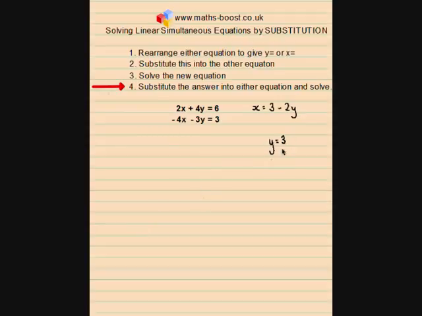So I can substitute this y equals 3 into either of the equations. I'm going to choose the first one. You get the same answer if you substitute it into the second. Now here I have another linear equation that I need to solve, so I'm going to subtract 12 from both sides, and then divide both sides by 2.